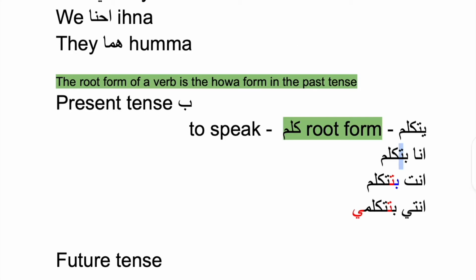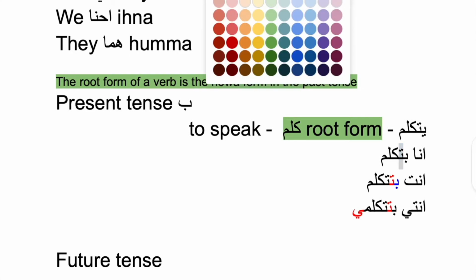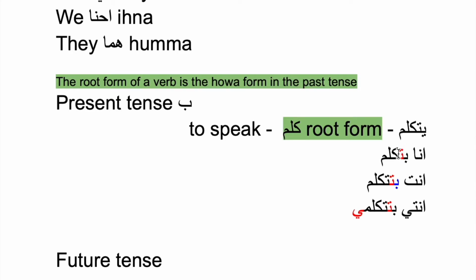But to be honest, I'm not sure about this. With ana, I think you usually just add a be to whatever the regular form is. So I'm not really sure why there's a te here, but I know it's ana بتكلم. So if anyone wants to clarify that in the comments, that would be great. أنت بتتكلم. أنتي بتتكلمي.